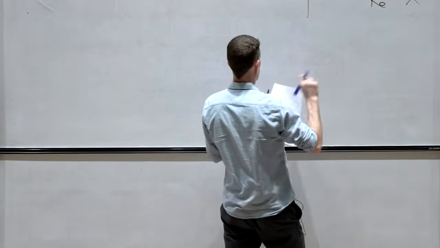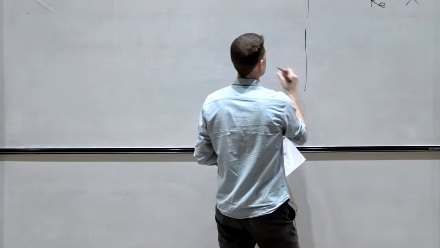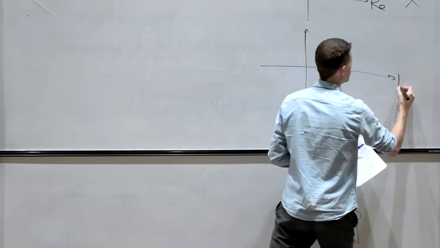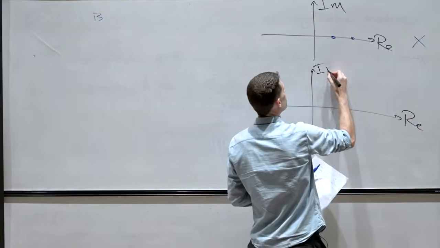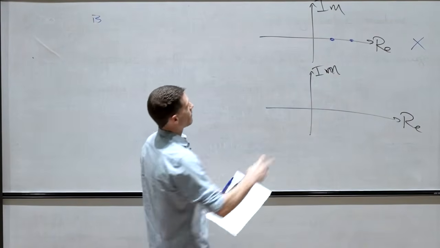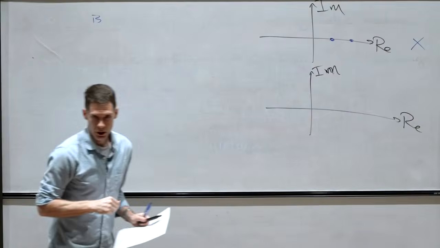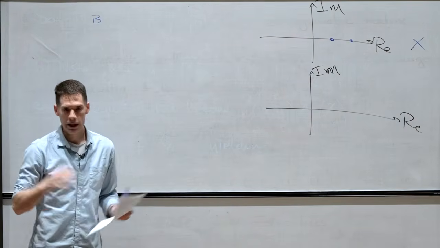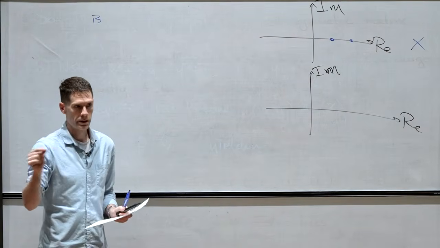If my lambda squareds are real and one's positive and one negative, same story: one of them is going to stay positive.